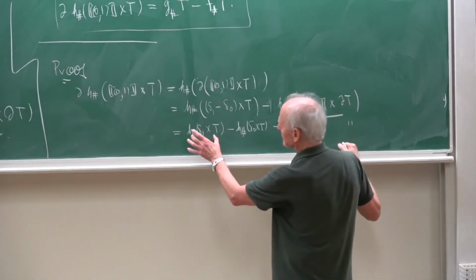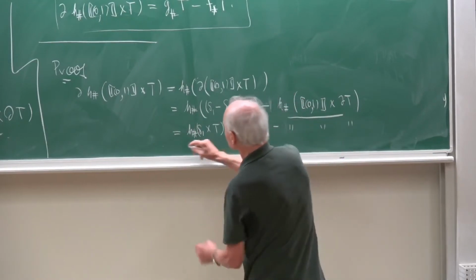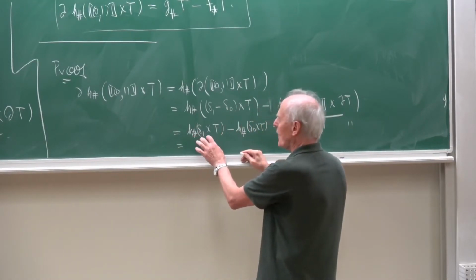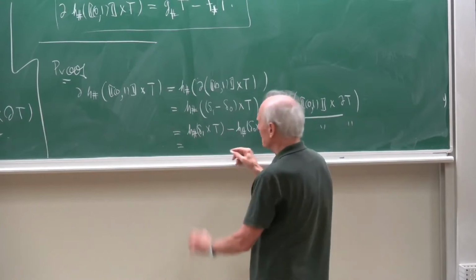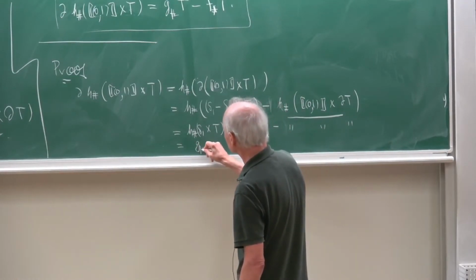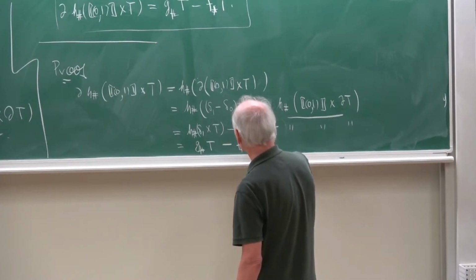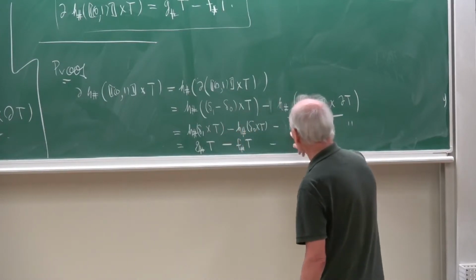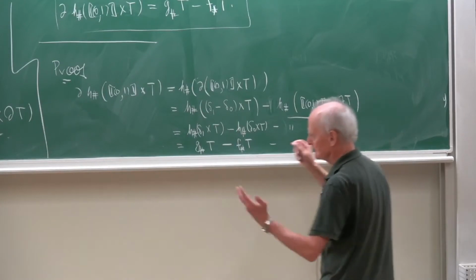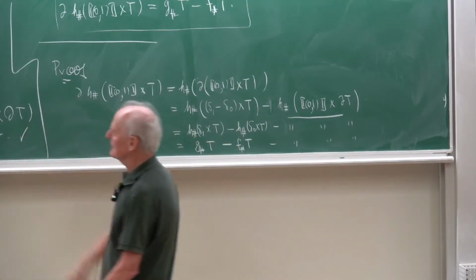And now you've just got to check, following the definitions, that this is the same as, remember, H at 1 is equal to G, right? So this is just G sharp of T minus F sharp of T. And then we've got this term minus that. So that's it. So that works out.